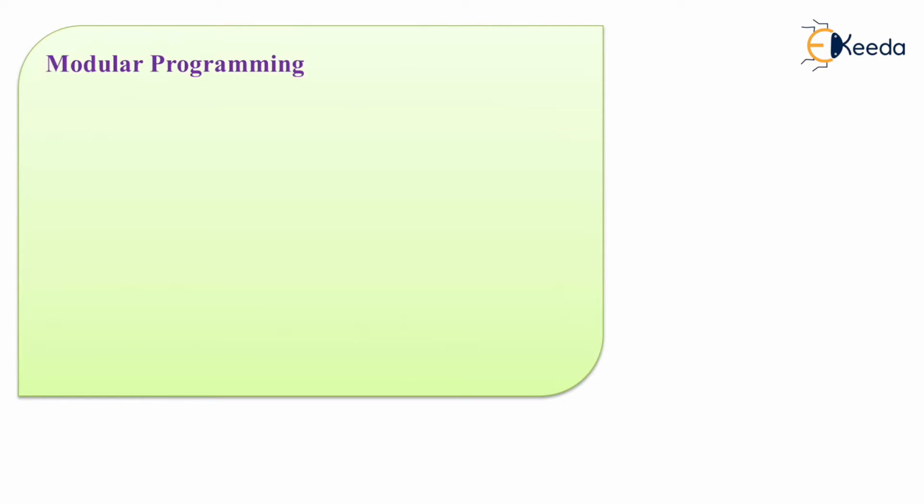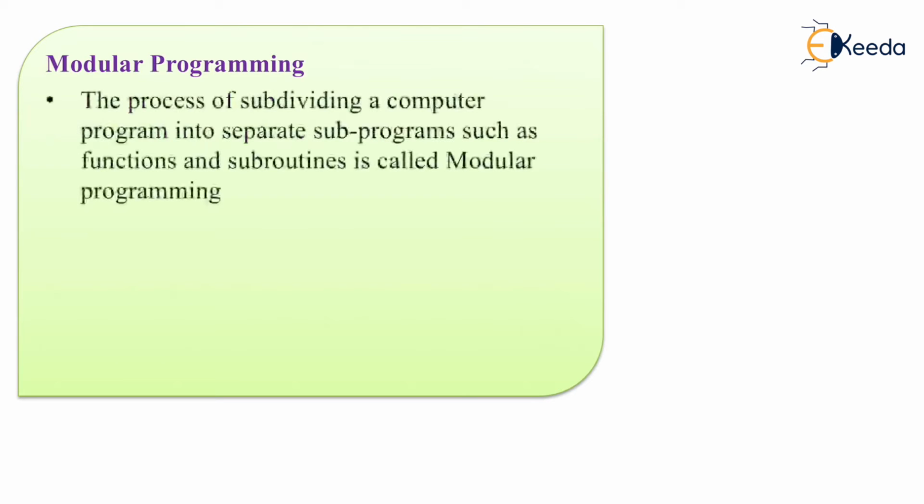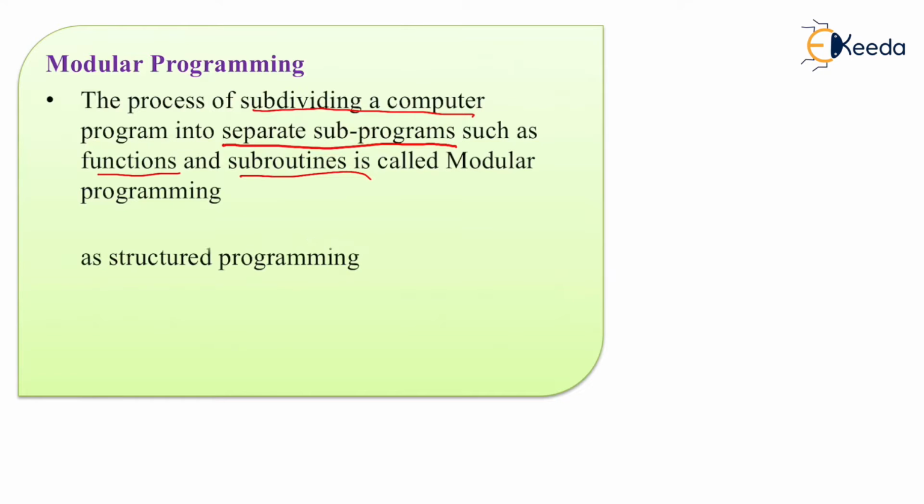The next programming paradigm is modular programming. As the name suggests, modular means we are dividing our program into different small modules. The process of subdividing a computer program into separate subprograms such as functions and subroutines is called modular programming.